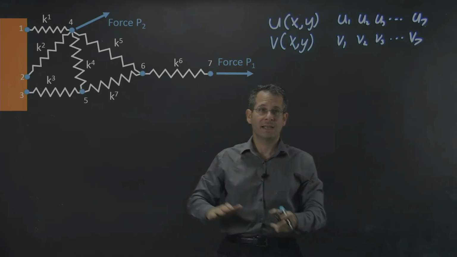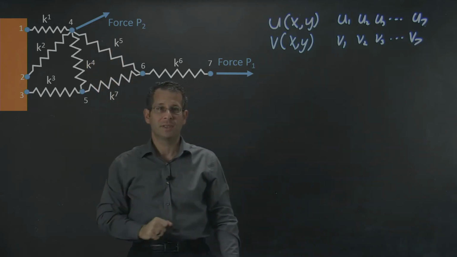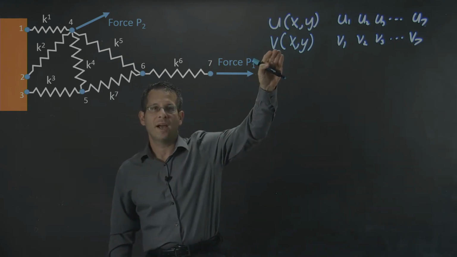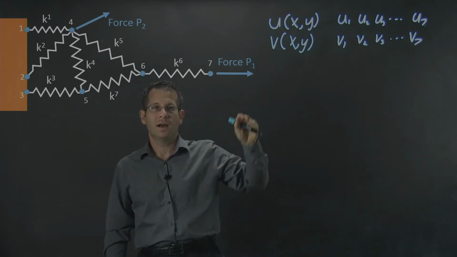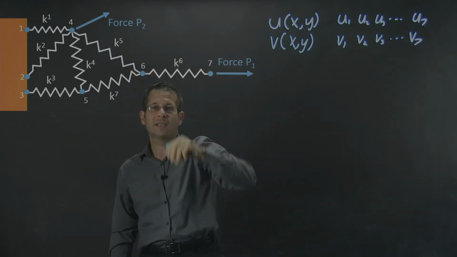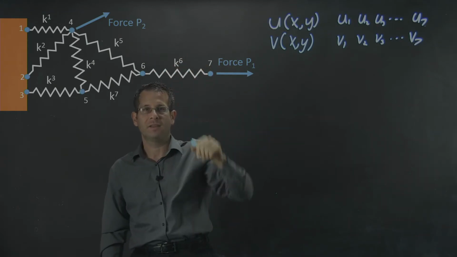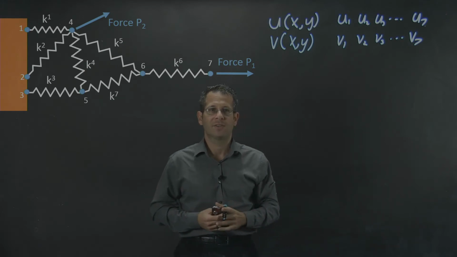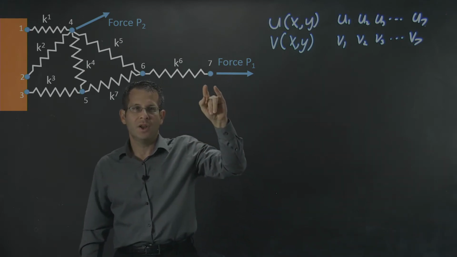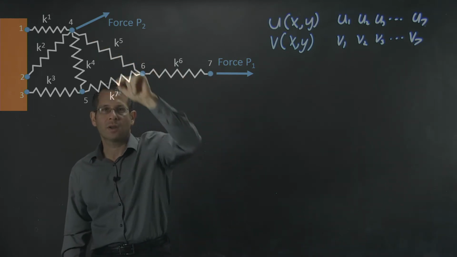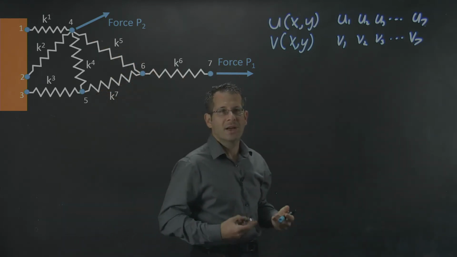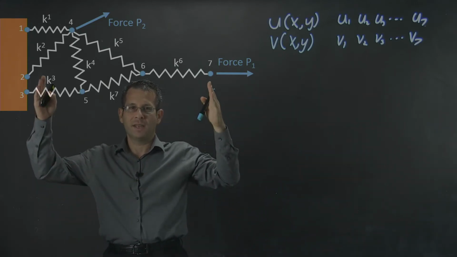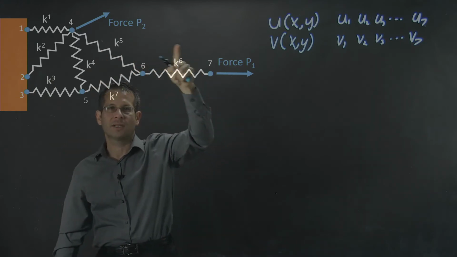All right, now set that aside for a moment. We know there's potential energy built into the system. The question we want to answer is, how much and where do the points in the spring system move to when I apply the forces? It's fairly straightforward to understand that node number 7 and, say, node number 4, which have forces applied to them, will be obeying Hooke's law, and they will move dictated by the size of the force and by the bulk stiffness of the entire spring system.